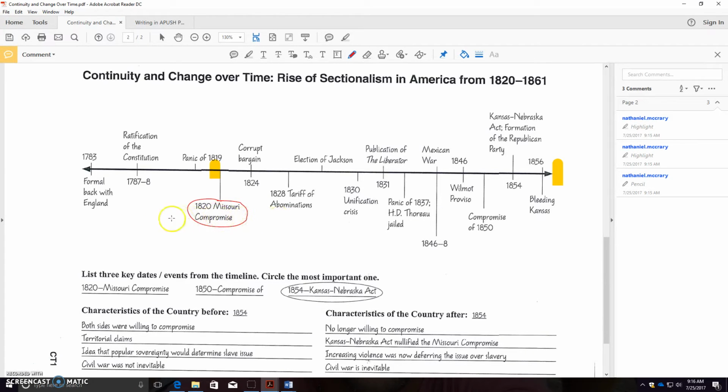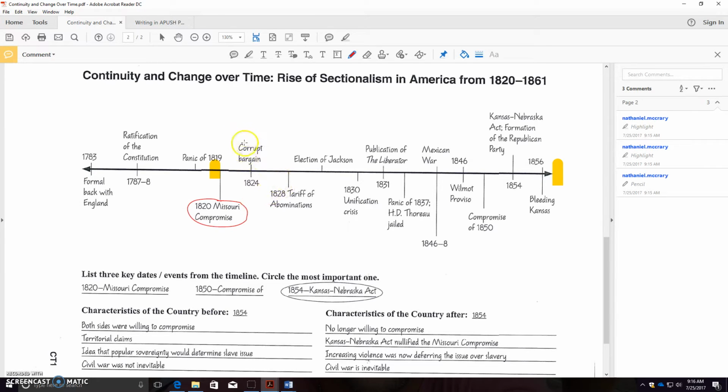And on the southern border of Missouri, the northern border of Arkansas, everything south of that line, the 36/30 parallel, extending all the way out to California would be open to slavery via popular sovereignty, people could vote whether they wanted slavery or not, and everything north of that line of the 36/30 parallel would be forbidden for slavery.